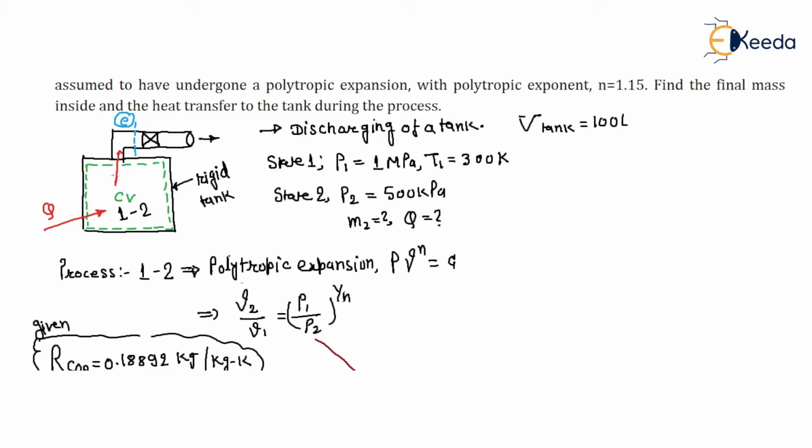Extra flow work will exit from the system because there is a flow. Along with the internal energy of the fluid there must be a flow, and that flow will reduce the energy of the system, so finally its temperature will reduce.